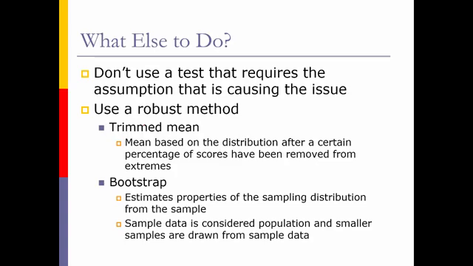A 2% trimmed mean means you take the top 1% on the low end and the 1% on the high end, and you remove them from your data set. And then there's some other bootstrapping methods where you're taking your distribution and you can generate new data from that distribution and add that to your data set.